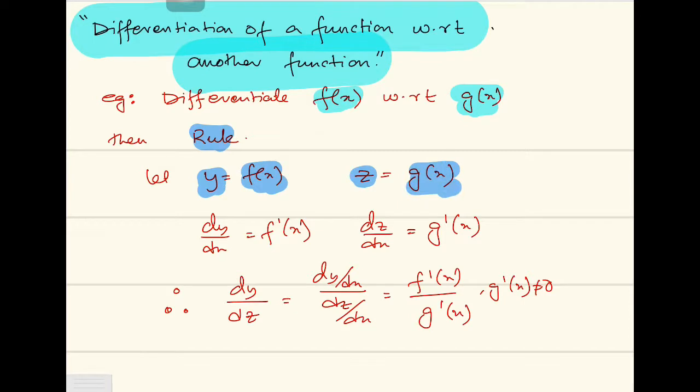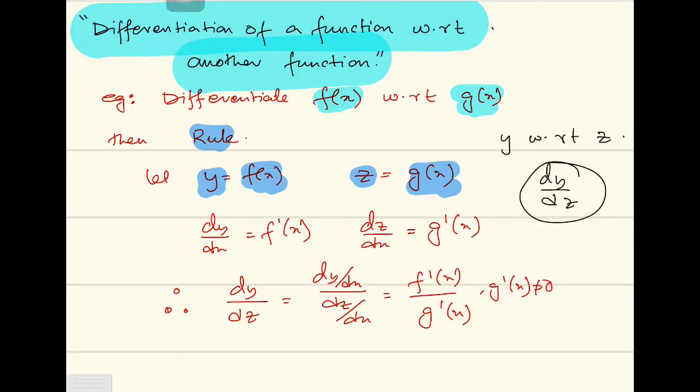I can give two different names to these functions, two variables I assign. Then what I have to find ultimately is the differentiation of f(x) with respect to g(x), that is, y with respect to z. That's dy by dz. Basically I need to find dy by dz, correct?